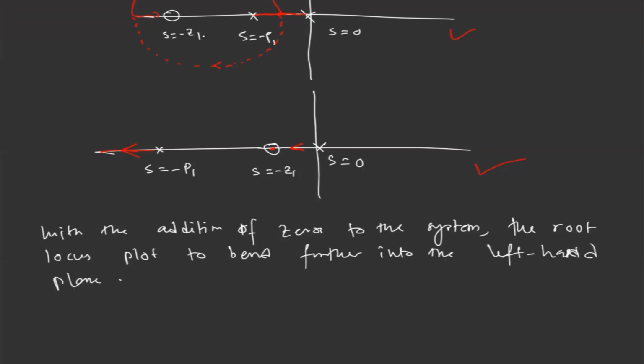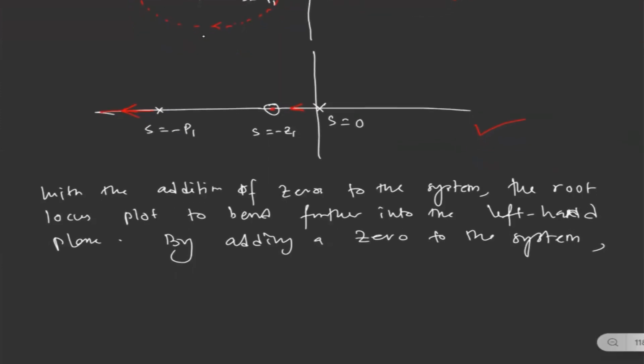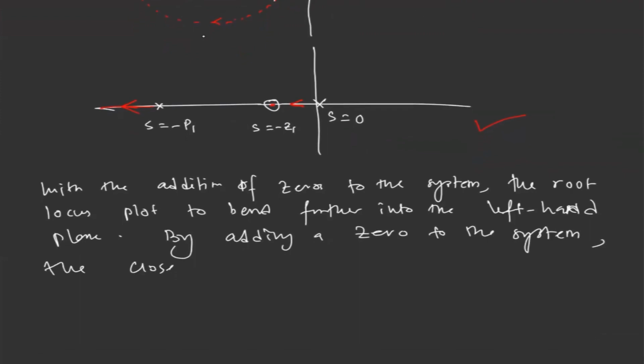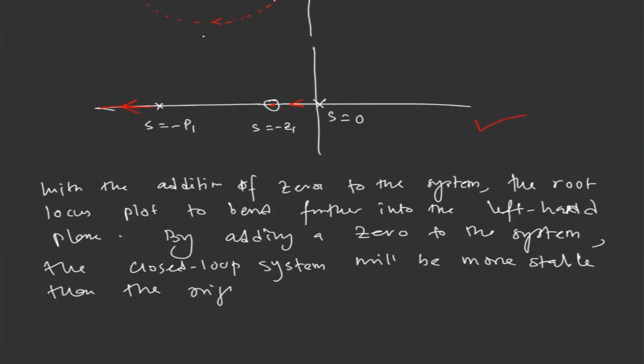So hence we can write that by adding a zero to the open loop system, the closed loop system will be more stable than the original closed loop system.